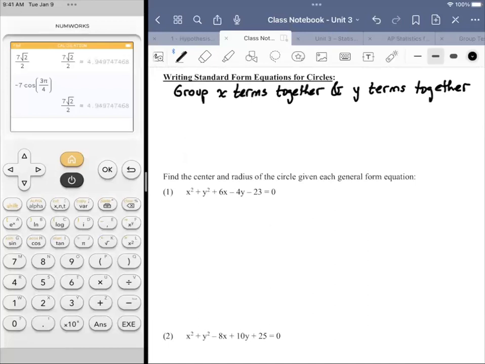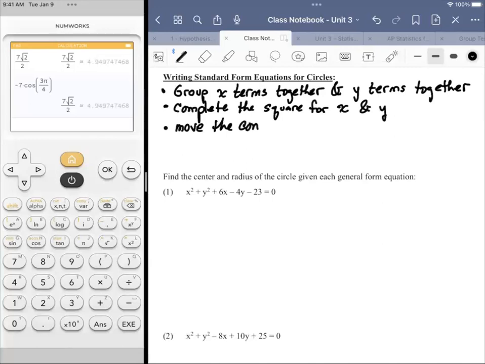All right, then we complete the square for X and Y. Move the constant to the other side.